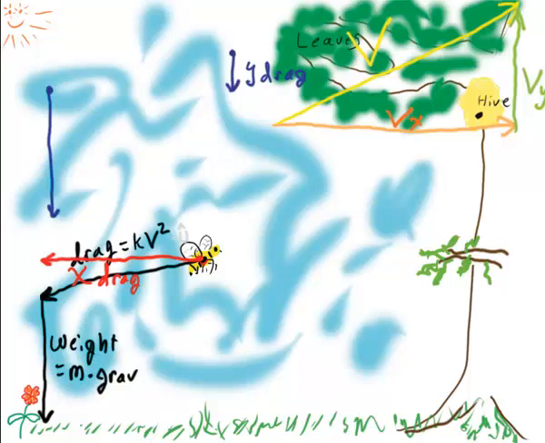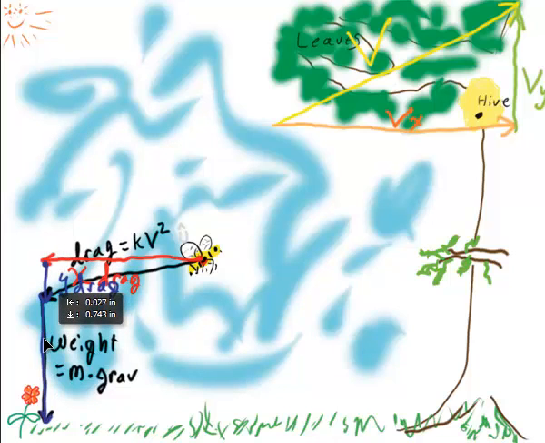Now I'm going to add the y component of the drag and the y component of the weight. You notice that it's difficult to see when they overlap like this, but they add up to exactly the same point.